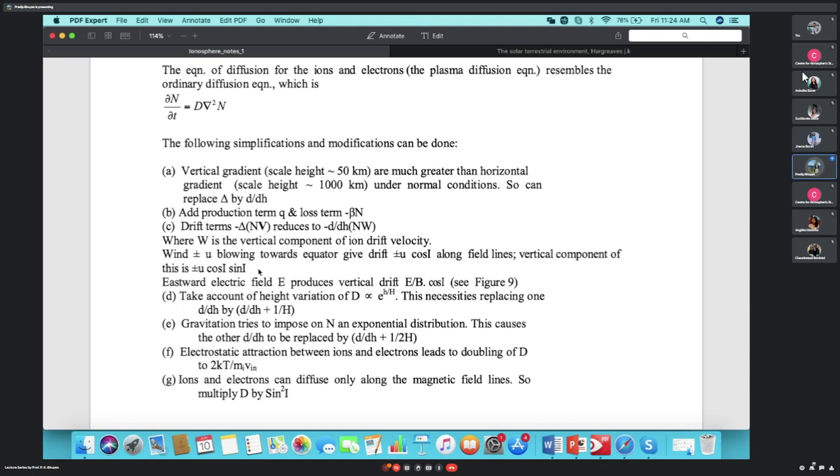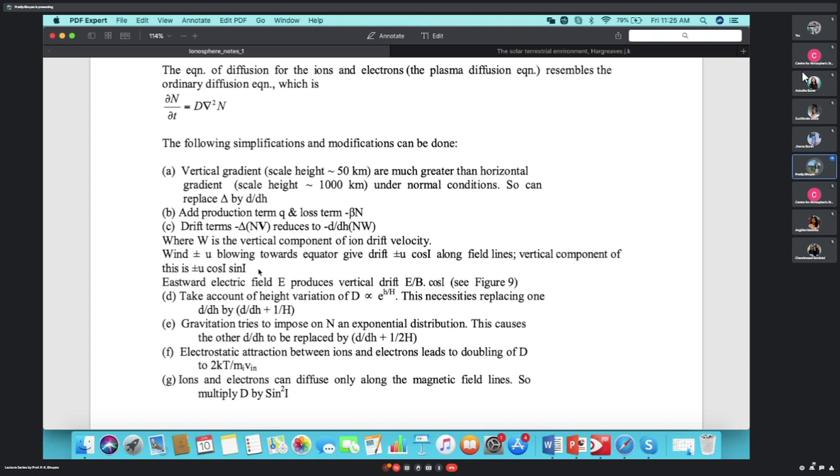Say we consider our India itself. Trivandrum or Port Blair is at the magnetic equator, and you are here, Dibrugarh, Ahmedabad. All these are higher latitudes compared to Trivandrum or Port Blair. The neutral wind means the wind which always flows because of the temperature difference. There is always a wind circulation.